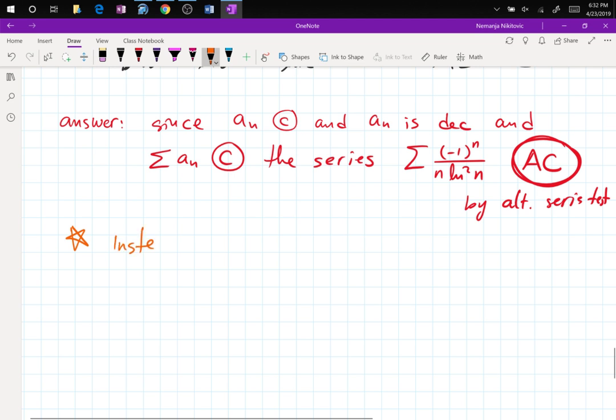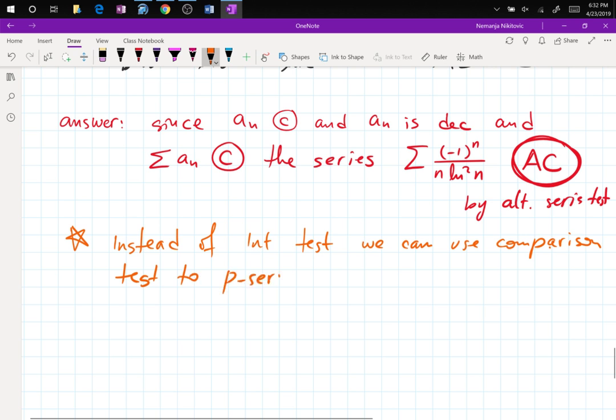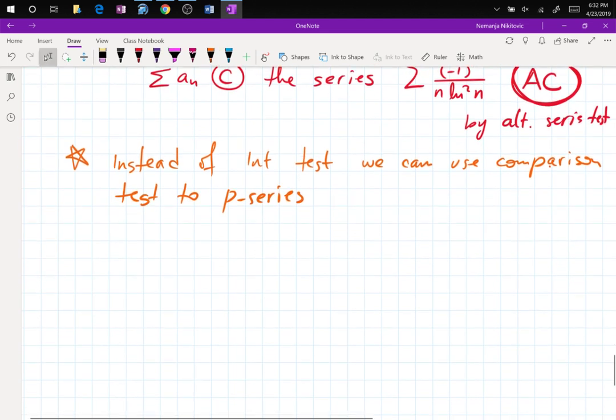Instead of the integral test, we can use the comparison test to p-series, and that would speed up the process insanely.